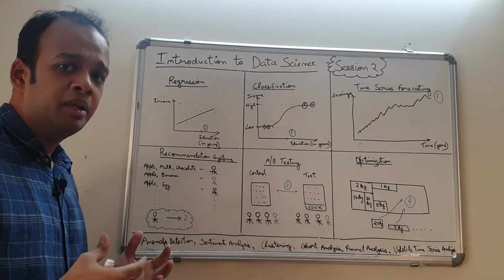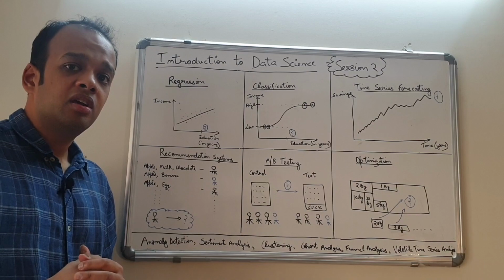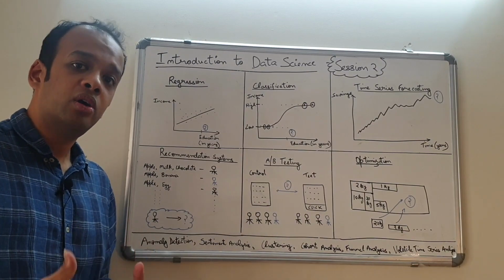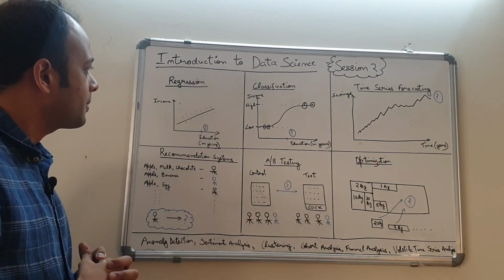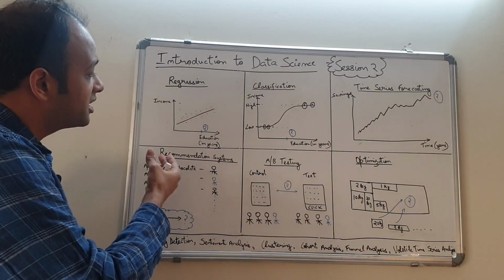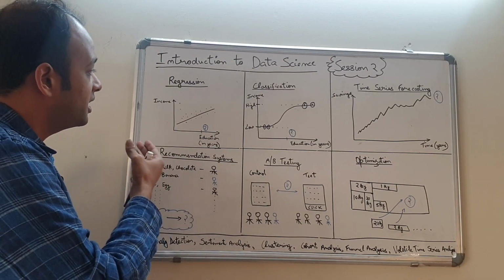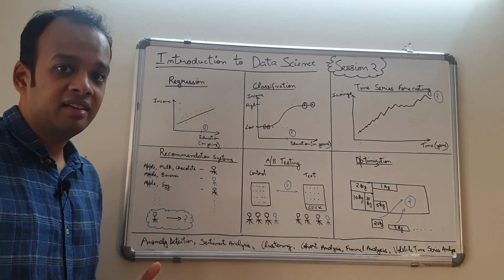So simply put, in a regression, you are trying to regress the points onto a line. A regression is for a continuous variable like income, where you don't have categories.